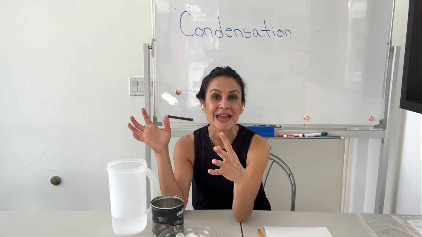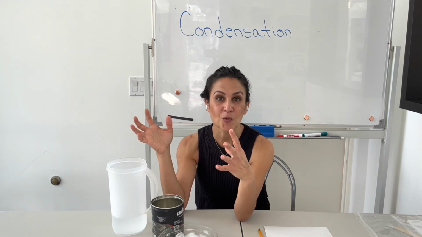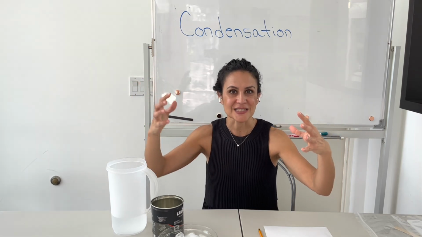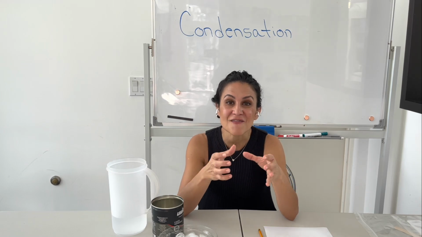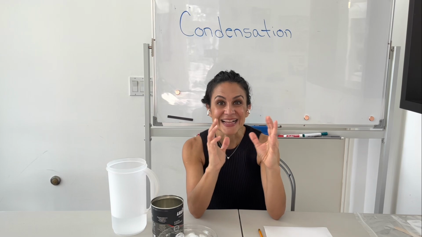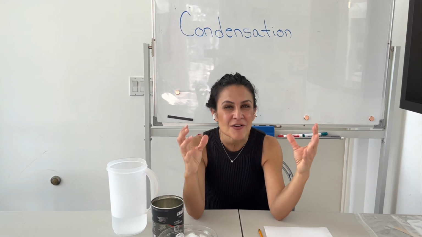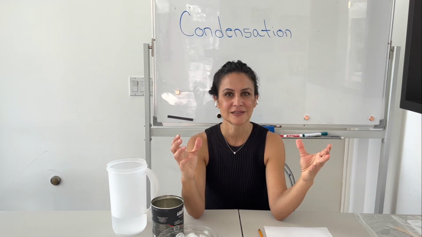The warm air is holding the liquid. The warm air, remember, warm air has more space. It can hold liquid. But as soon as you get close to the surface of that glass, it's colder. That glass is making the air around it also colder.